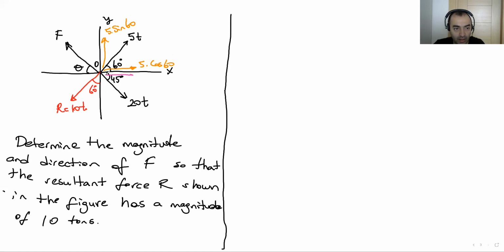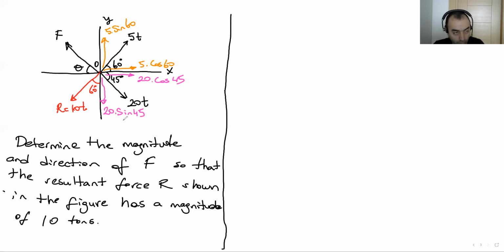Here we have 20 times cosine 45. Here 20 times sine 45.